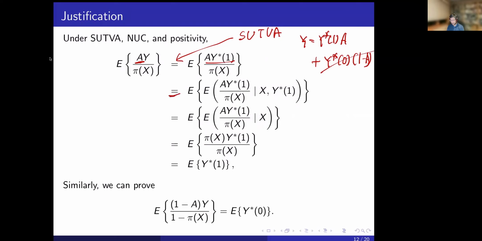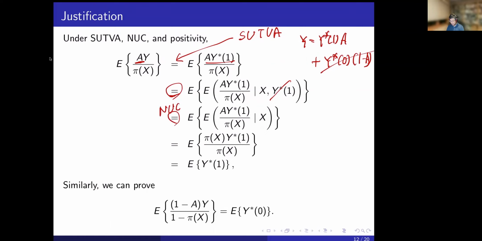The second equality is just the property of conditional expectation. And for the third one, this can be removed because of NUC, the no unmeasured confounding assumption.